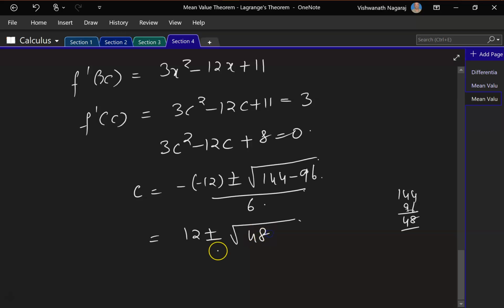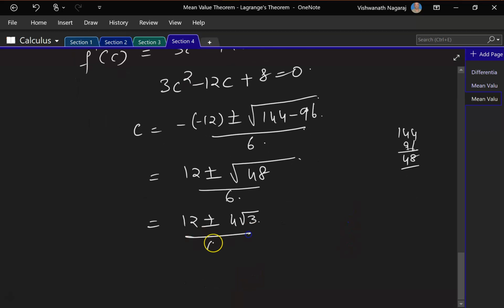So square root of 48 by 6. 16 times 3 is 48, so this becomes 4 root 3 by 6.